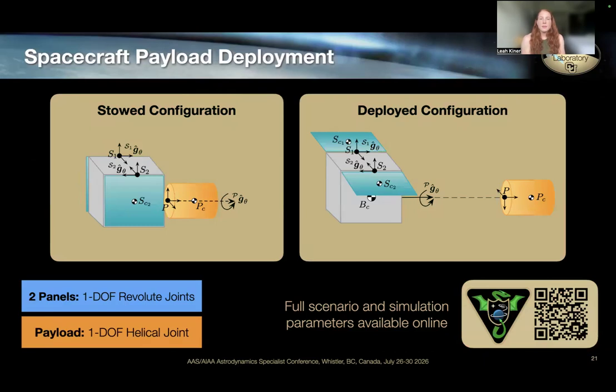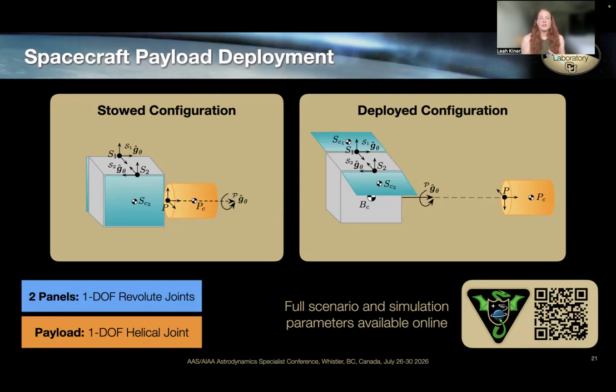So we set up a 4-body scenario where we are deploying a payload away from the central hub structure of our spacecraft. So this spacecraft has 2 solar panels, which are 1-DOF rotating joints, and then the payload is a 1-DOF helical screw joint here.